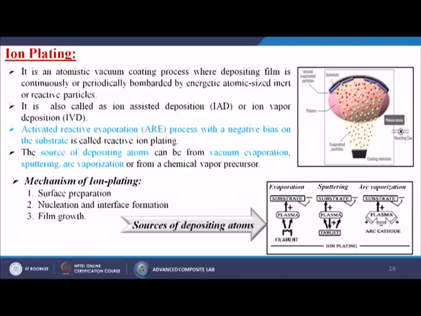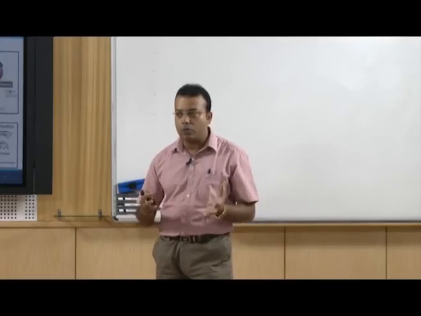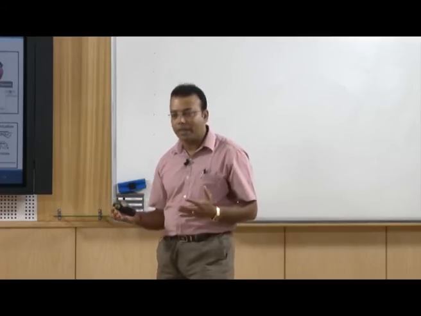It is also called ion assisted deposition (IAD), or ion vapor deposition (IVD). Activated reactive evaporation processed with a negative bias on the substrate is called reactive ion plating. So, it depends upon the source, how we are going to use different sources. Using different sources, it has different nomenclature.